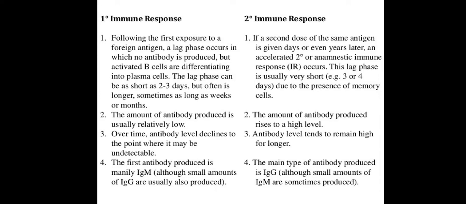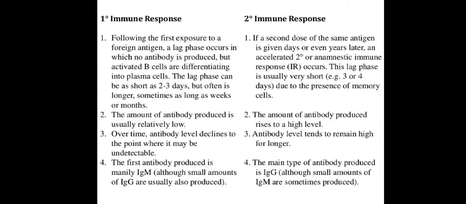There's a time for these antigens to bind with B cells, and B cells have to get transformed into plasma cells. These plasma cells produce antibodies. So this is the first time the antigen enters the body, and it takes some time for B cells to produce antibodies. Mostly this antibody is of IgM type.